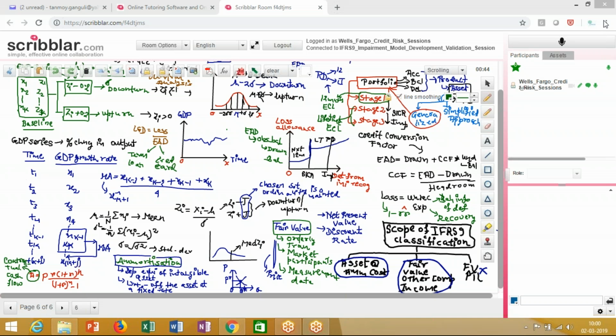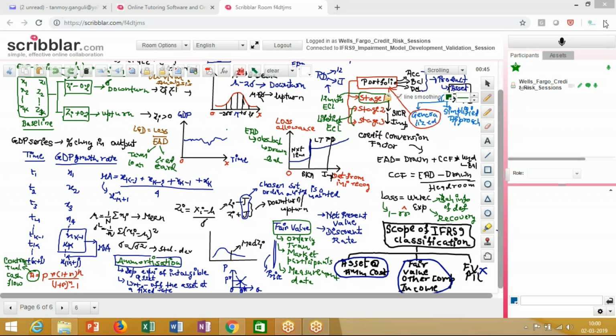How is it that you can identify that? That's the biggest question that I have. So we need to understand how to figure out that an asset is measured at amortized cost.